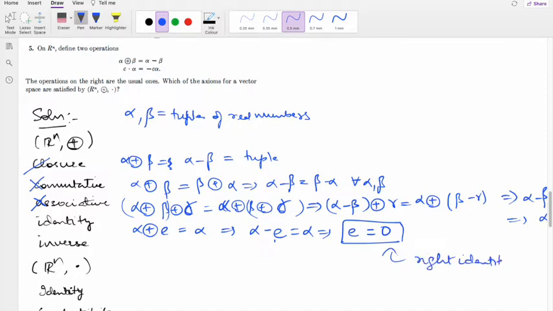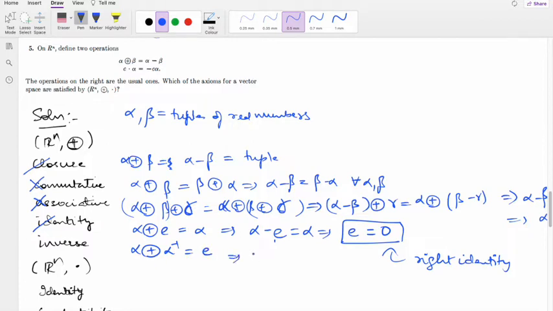Because commutativity is not satisfied, E plus circle alpha will not be equal to alpha, which is fine. But we say we at least have one type of identity, which is the right identity. So this is fine. Inverse also we define in terms of right inverse. So we say alpha plus circle alpha inverse should be equal to E.